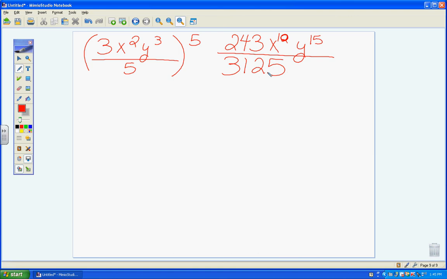Because 5 is an actual number, what do I have to do? 5 times 5 times 5 times 5 times 5. That rule is going to be the trickiest part of keeping these separated. Real numbers, we actually have to use the exponent. If there's 2 exponents, we just multiply them together.